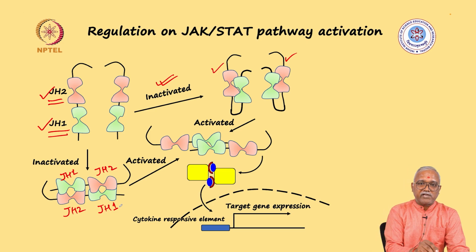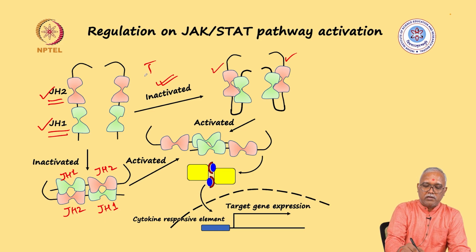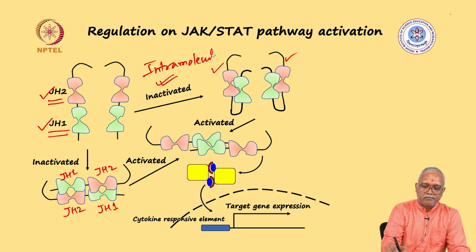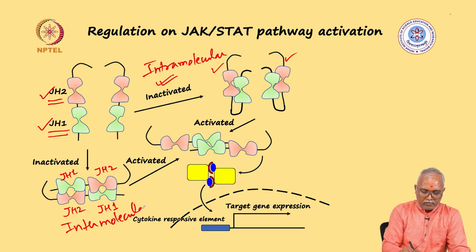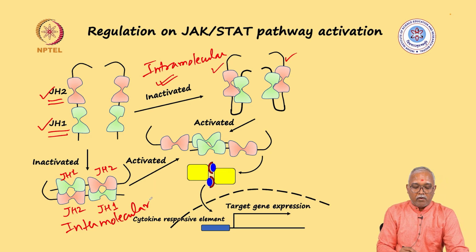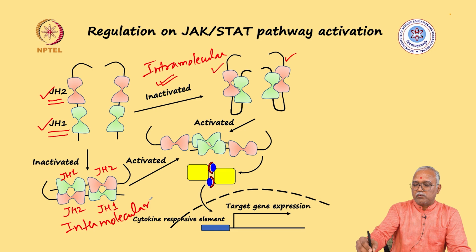So the first was self-blocking of the activity of the same JAK molecule, this is intramolecular, and this is between the two molecules, this is intermolecular inhibition of the molecule.